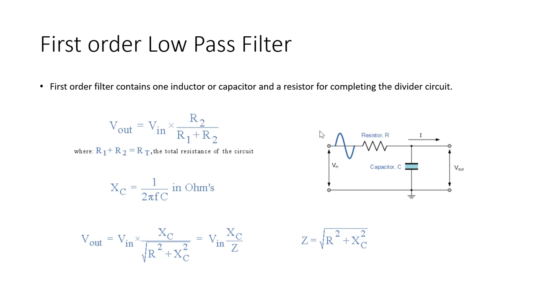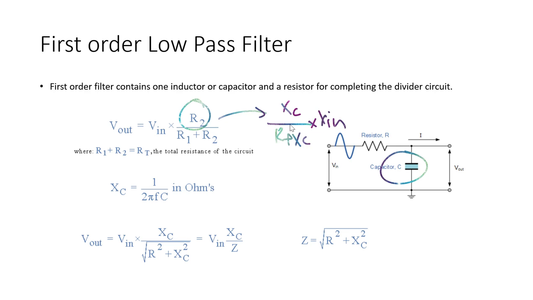Also the resistance combination divider rule is applied in it, but since the R2 in here is actually the Xc, we will say that it is R2 divided by R1 plus R2 into Vin, that will be converted to Xc divided by R plus Xc into Vin.